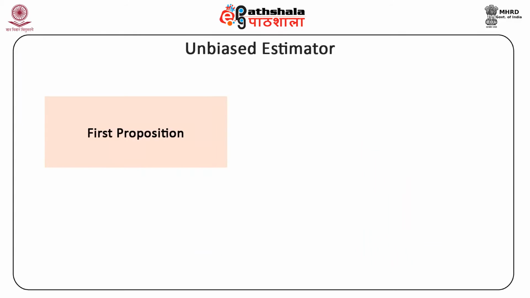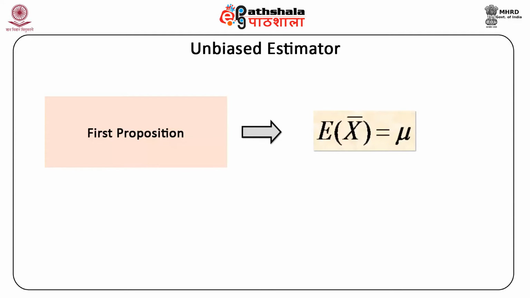The first proposition is a restatement of the rule of expected values, namely the expectation of x bar is equal to mu for all possible values of mu. The proofs of the other results are difficult to state.